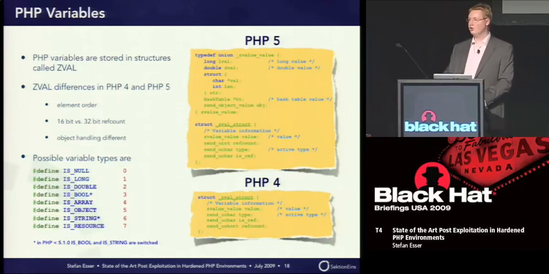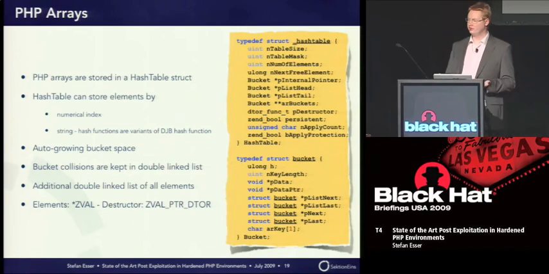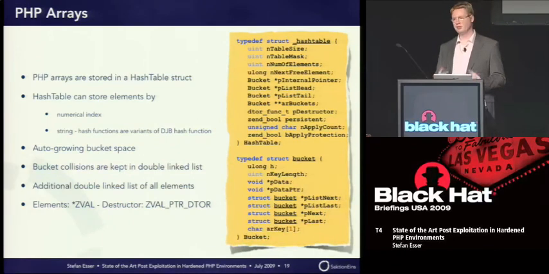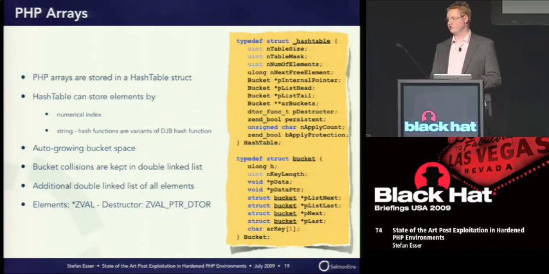So one thing we will talk about today are PHP arrays. PHP arrays are actually not really arrays internally, they are hash tables. And they are some kind of special hash tables because they also have two doubly linked lists attached.